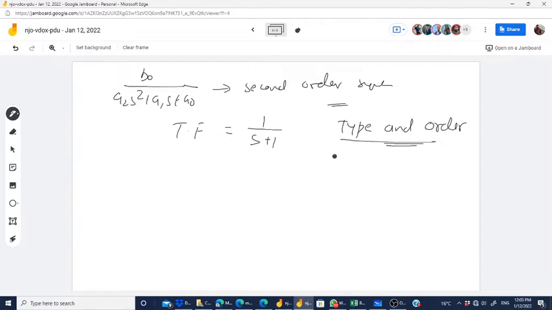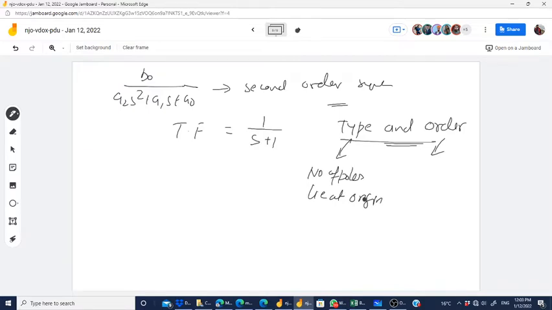Okay, ठीक है. So what is the type and what is the order? First of all, tell me, then I will move. Type means number of poles at origin. All poles lie at the origin.